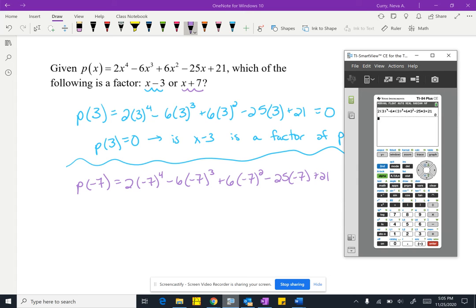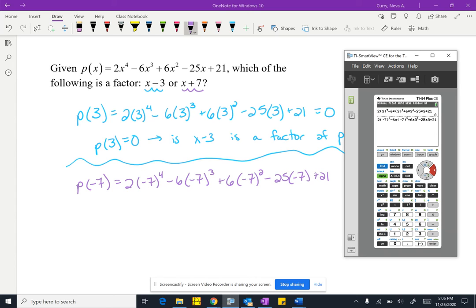One thing I can do, since I just used this polynomial, is I'm going to do second, enter, and everywhere I had a 3, I can replace it with a negative 7. So this would be kind of nice. Negative 7 to the fourth, and then I've got minus 6 times negative 7 cubed.